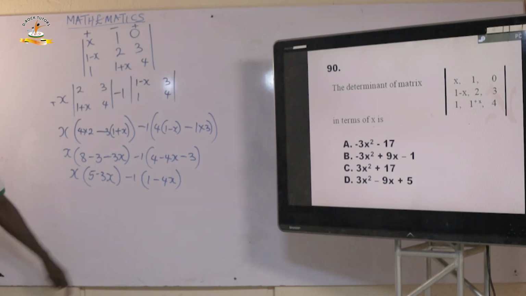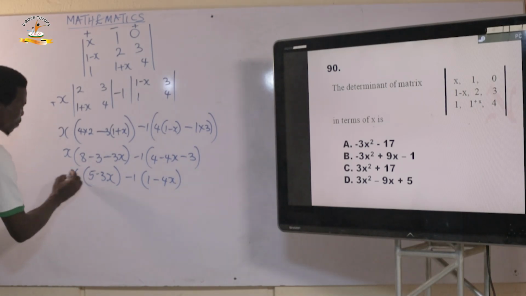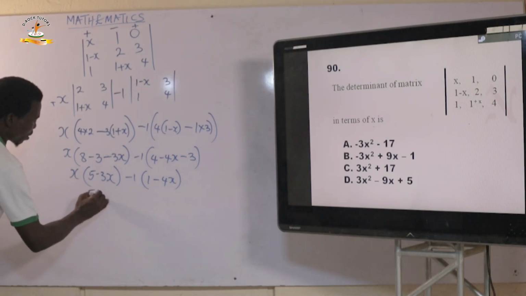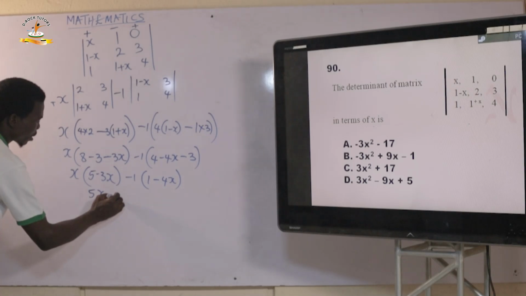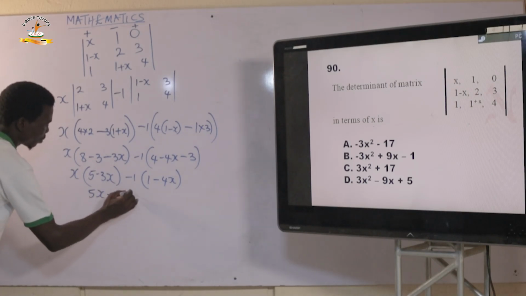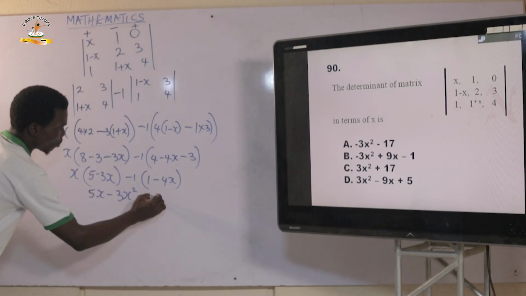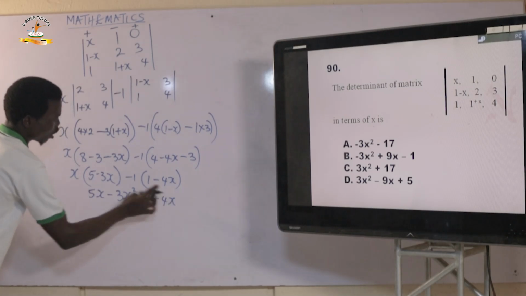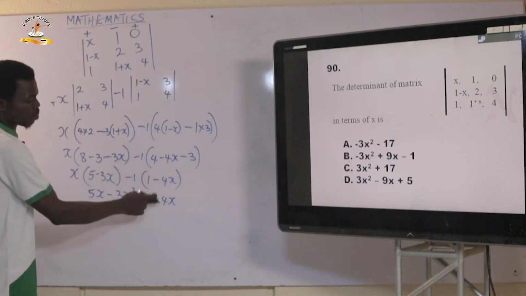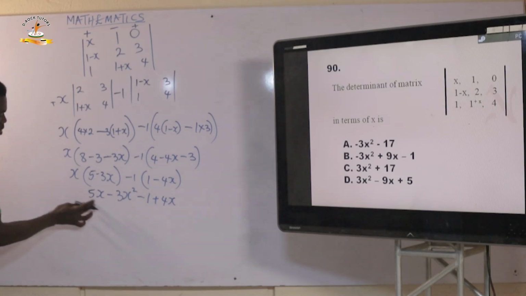We multiply out. So 5 times x is 5x, minus 3x squared, minus 1, plus 4x, because this minus 1 will multiply this minus to give us this plus. But we can see that 5x and 4x can add up.